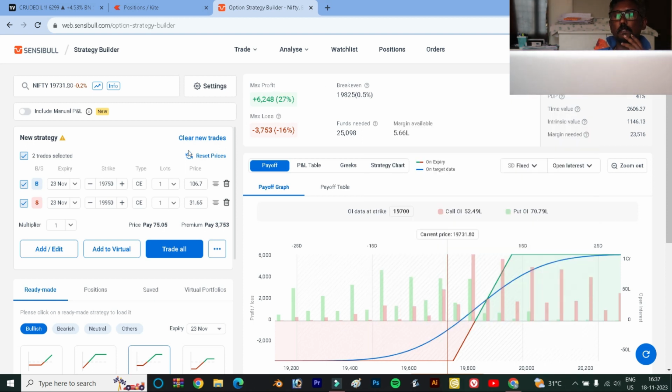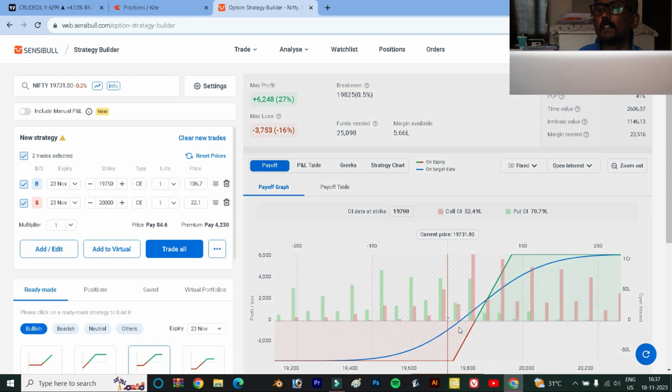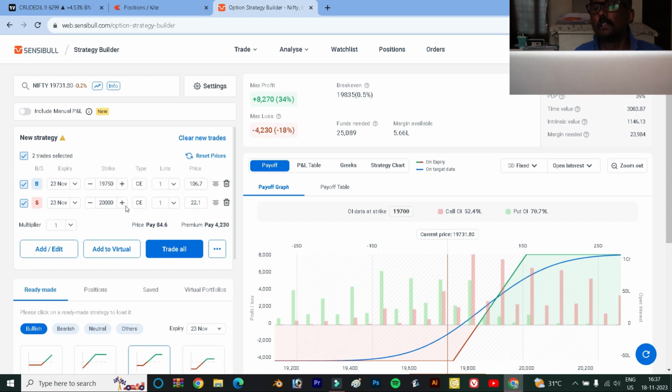So that is the difference of the premium, that is 125. 125 into the lot size, that is the profit, that is around 6,250. That is the maximum profit. If you want it here, see the risk reward is 0.6 and the probability of winning is 41%.